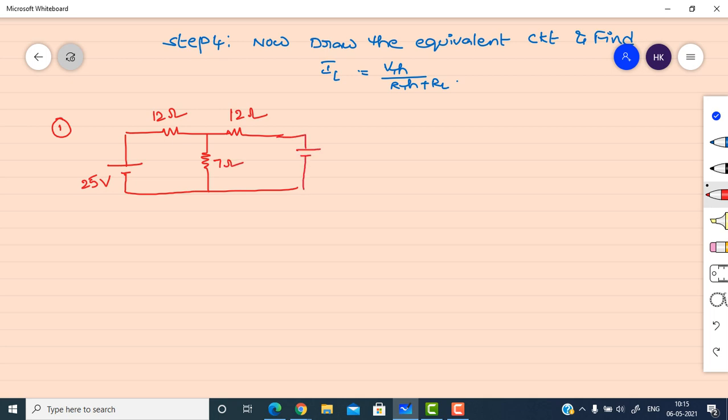Across here also voltage is there. This is 30 volts. Find the current passing through 7 ohm resistor using Thevenin's theorem.